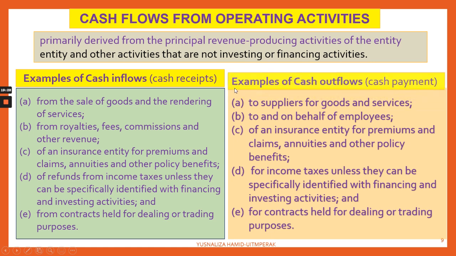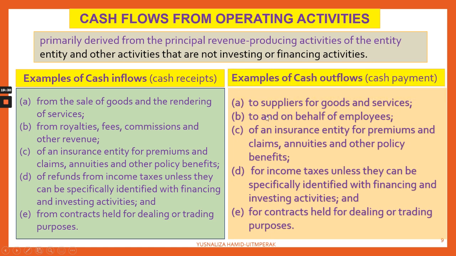The next one is examples of cash payments that come from operating activities. These are, for example, cash payments to suppliers for goods and services that were offered by the suppliers in the ordinary course of business.